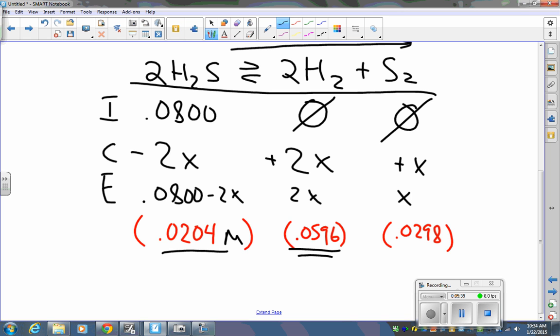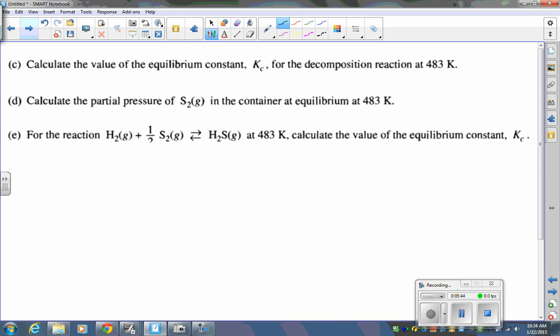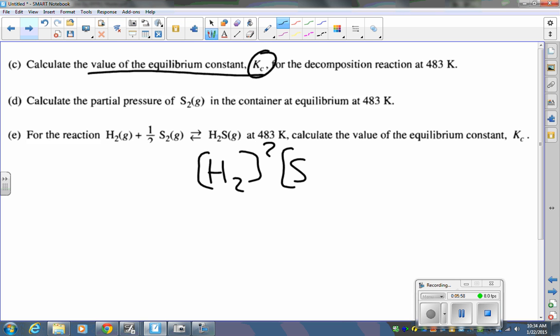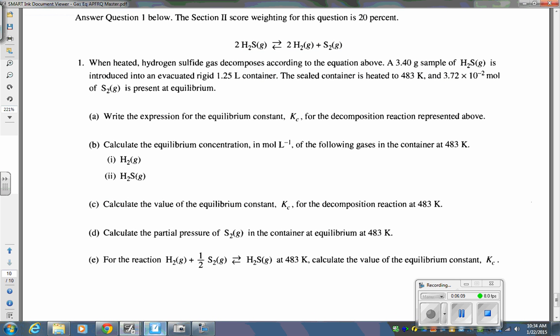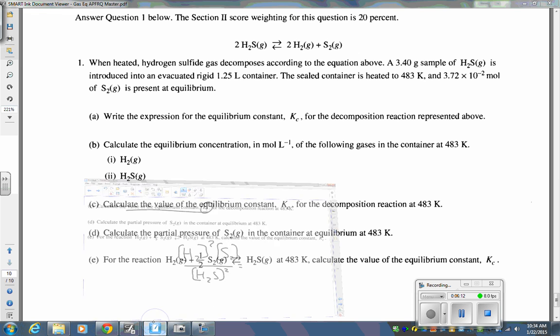Since I have all 3 values, the next thing they asked me to do is calculate the value of Kc. Well, remember the expression we did at the beginning: H2 squared, S2 to the first, over H2S squared, right? What I'm going to do is take my values from the previous page, which are right here.